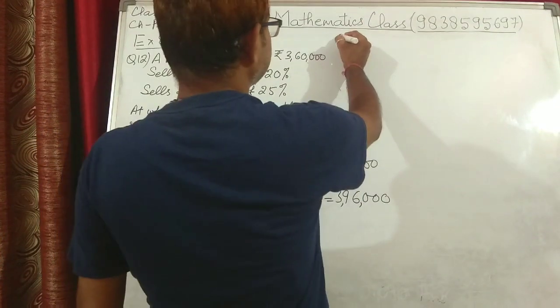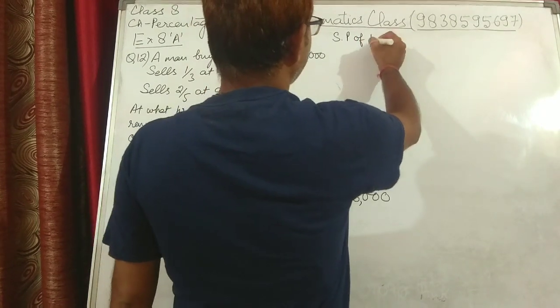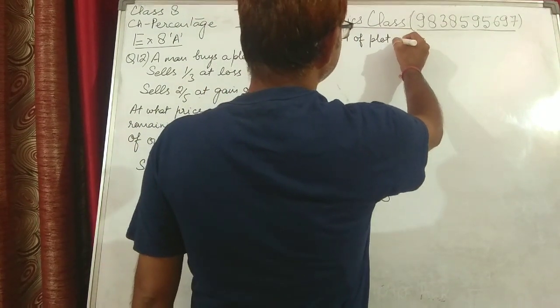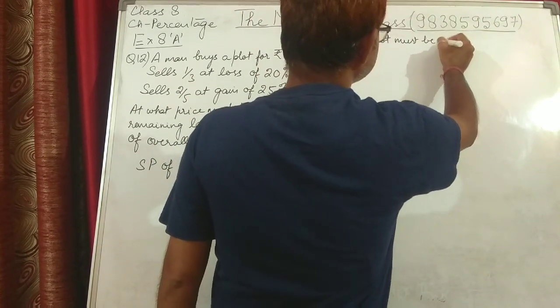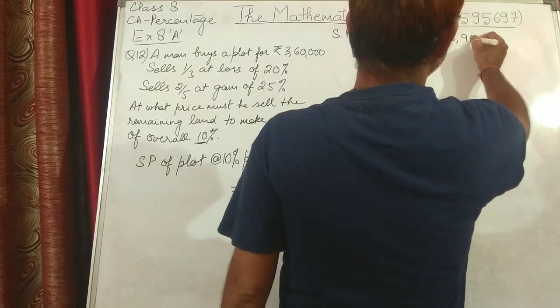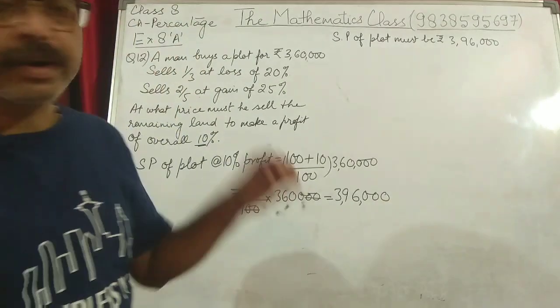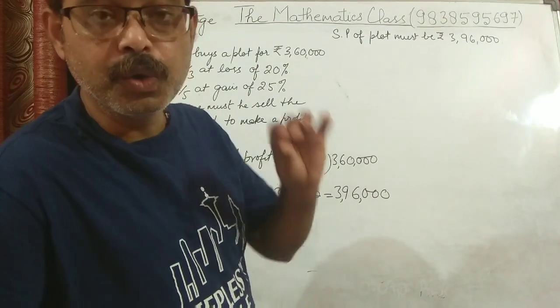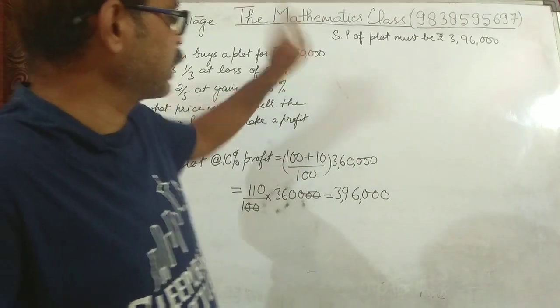So I am writing here that the selling price of the plot must be rupees 3,96,000. This is the amount he requires to gain 10% on his cost price.